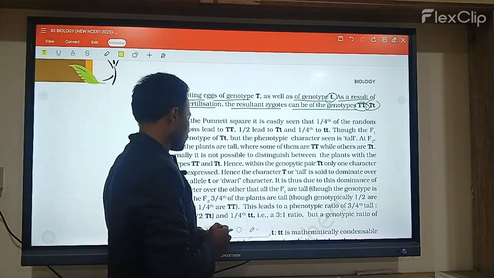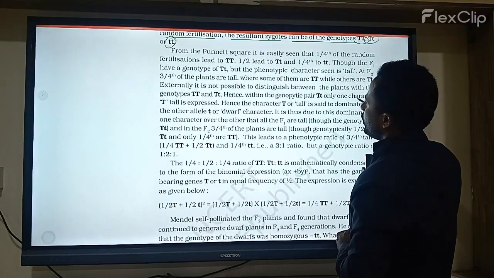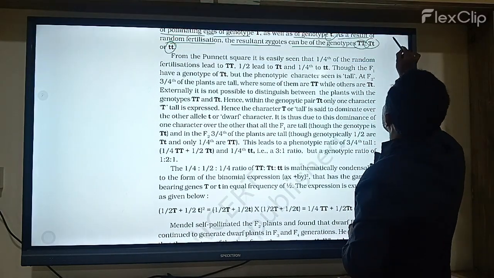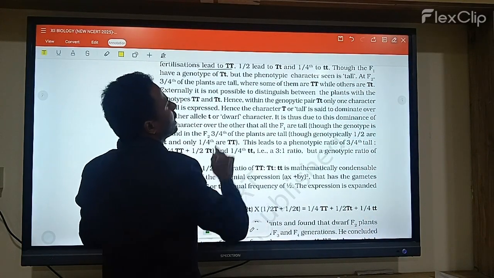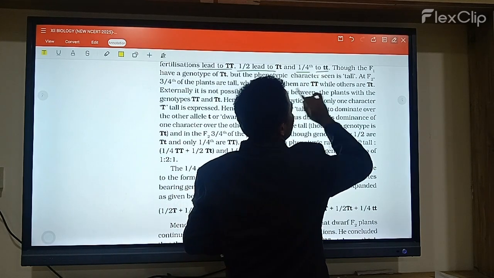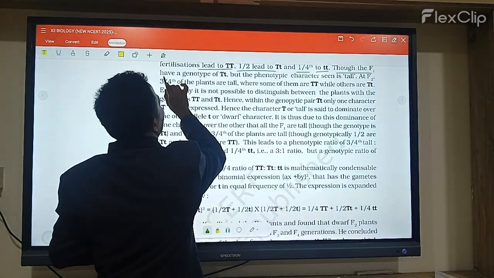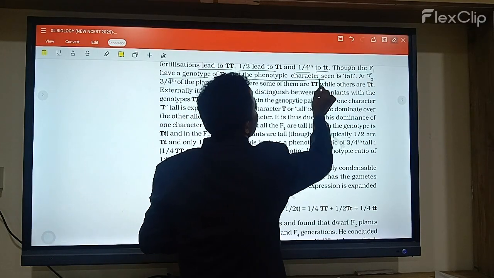When you observe here, the fertilization leads to capital T, capital T small t, 1/4, and small t. In the F1, the genotype is capital T small t, but the phenotypic character seen is tall.